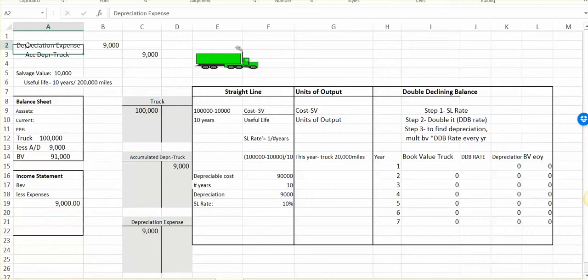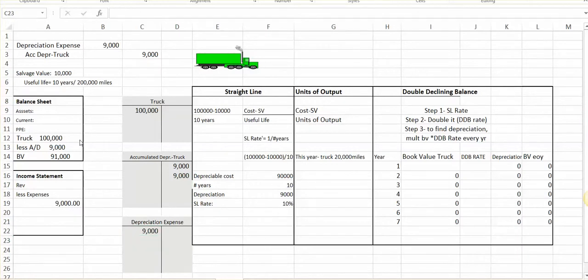The adjusting entry for year 2 will look exactly like the adjusting entry for year 1. That's because we're using straight line, and the depreciation amount is the same for every year. Once again, at the end of the year, depreciation expense will be wiped out, and then after the adjusting entry, we will post a credit to accumulated depreciation for $9,000 and a debit to depreciation expense for $9,000.